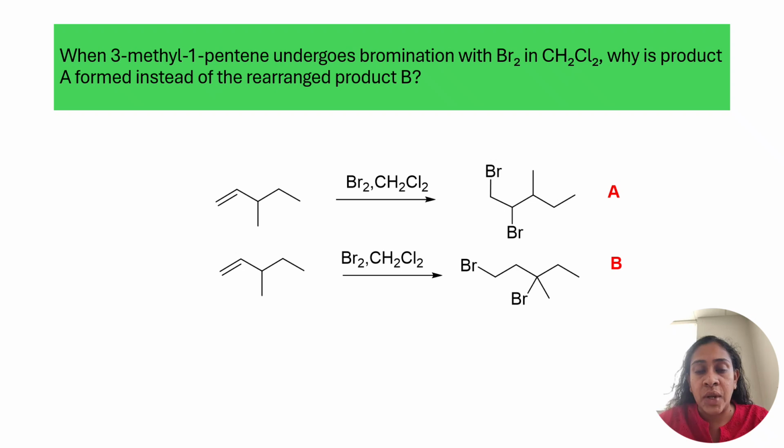Product A shows two bromine atoms on the two carbons that originally formed the double bond. Product B shows that the carbon skeleton has rearranged. Before choosing your answer, ask: does the bromination form a free carbocation that undergoes a hydride shift or an alkyl shift? Keep the bromonium ion mechanism in mind as you compare these two possibilities.